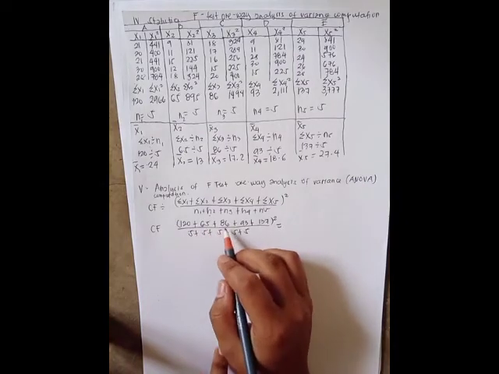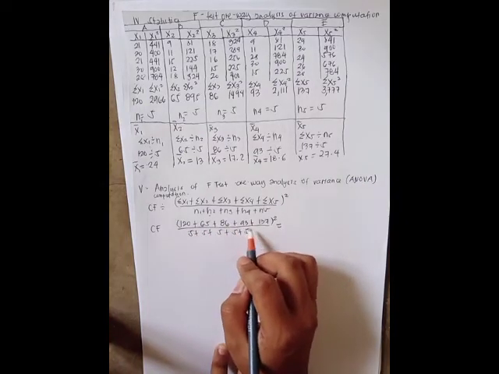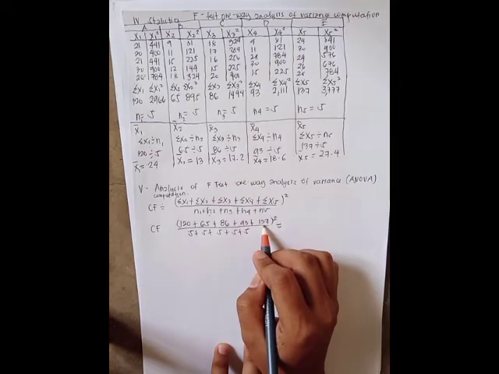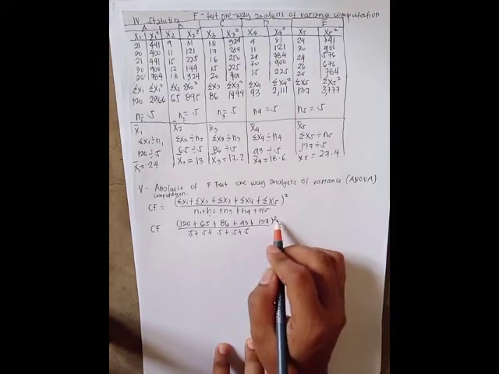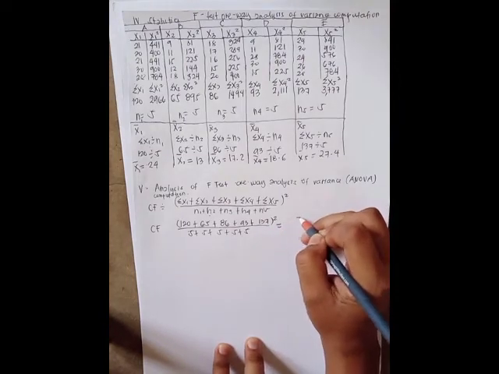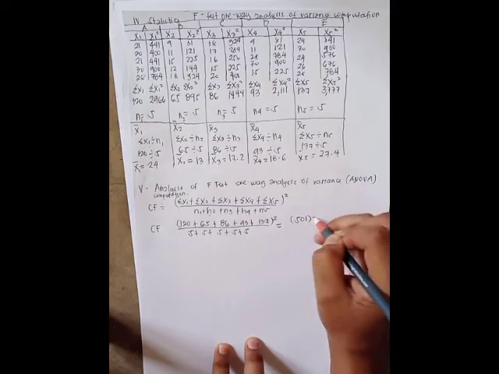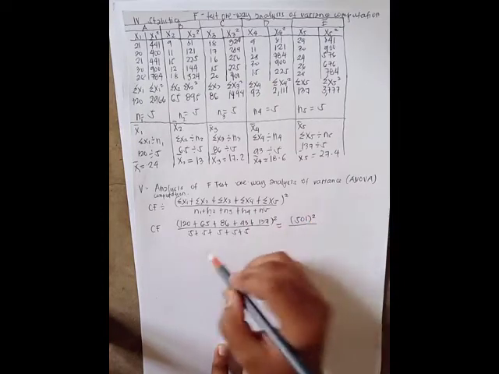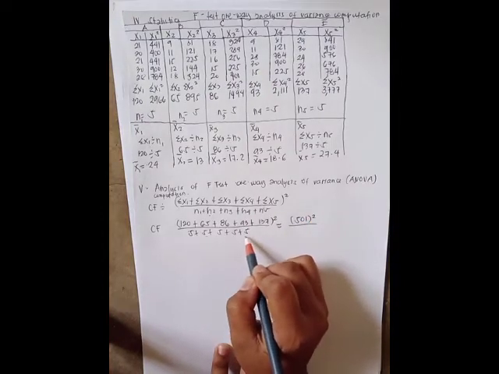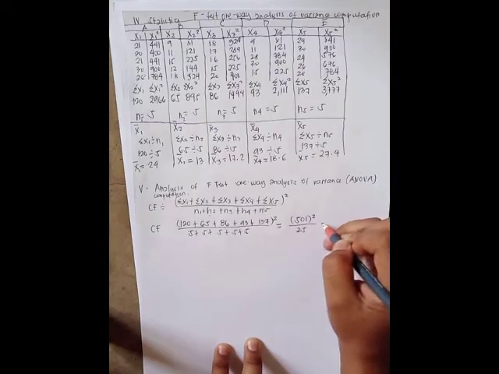120 plus 65 plus 86 plus 93 plus 137 is equal to 501, and squared it. And then 5 plus 5 plus 5 plus 5 plus 5 will be equal to 25.